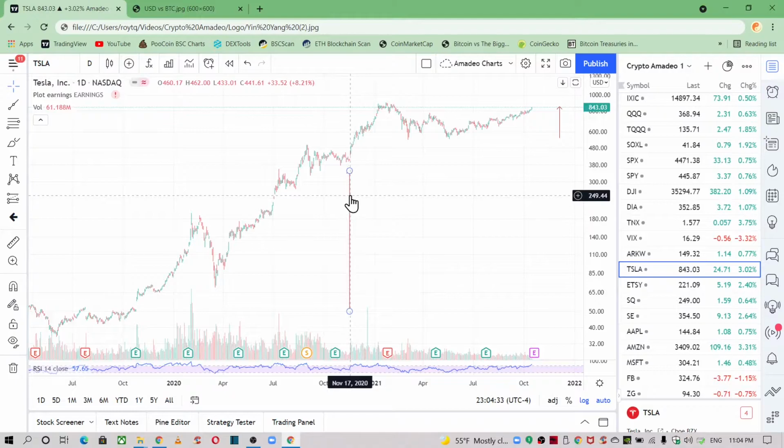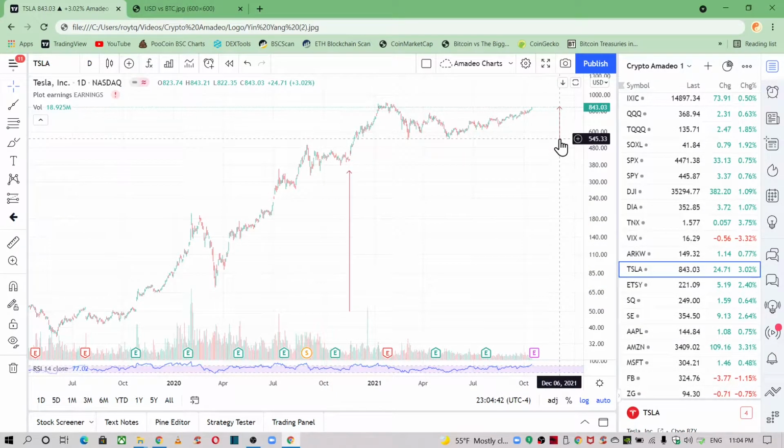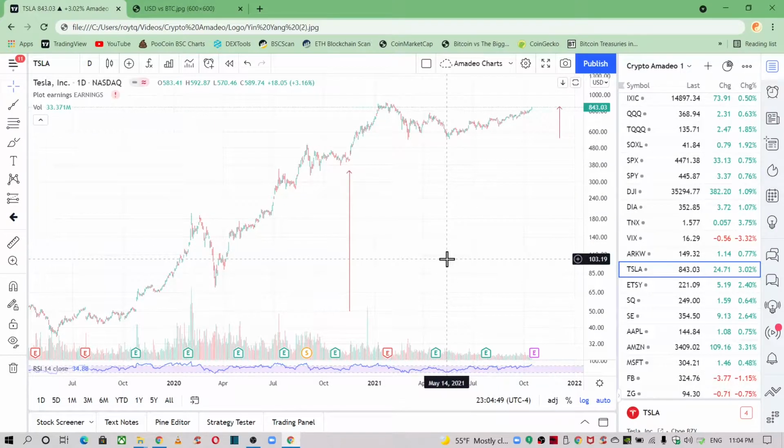As you can see, these two arrows both represent $300 moves: this is from $50 to $350, so a $300 move, and this is from $550 to $850, so that's another $300 move.